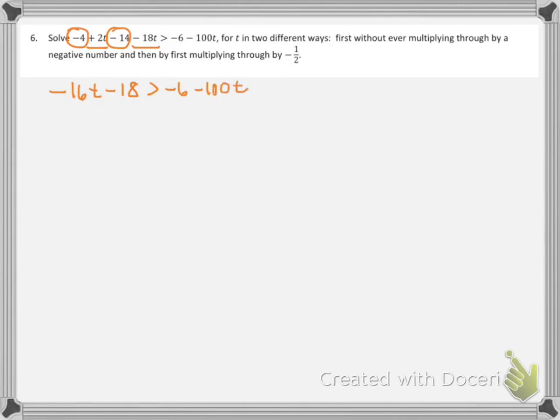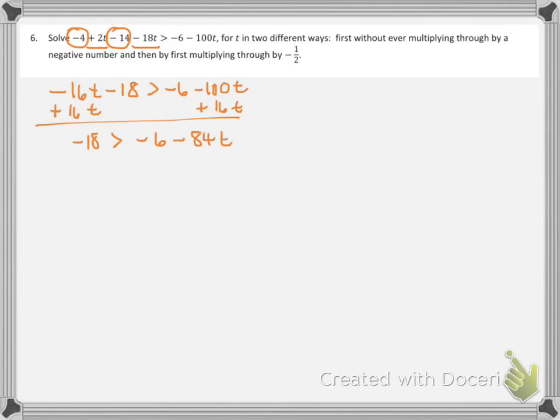All right, and then if I try to get these all on the same side, well, let's go plus 16t to eliminate that t. And if I do that, I get negative 18 is greater than a negative 6, and a negative 100 and a positive 16 would be a negative 84t.